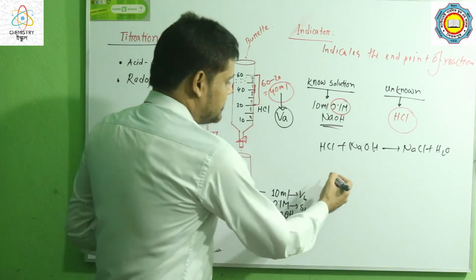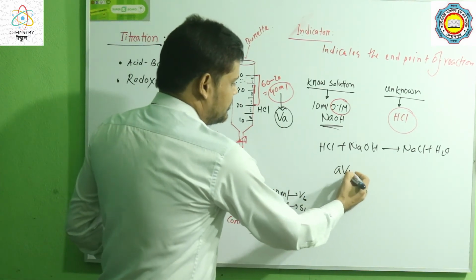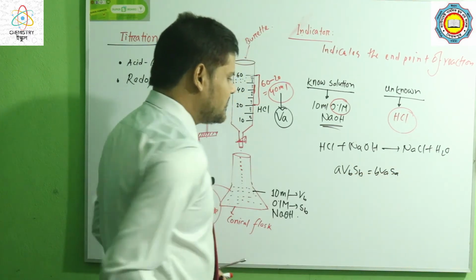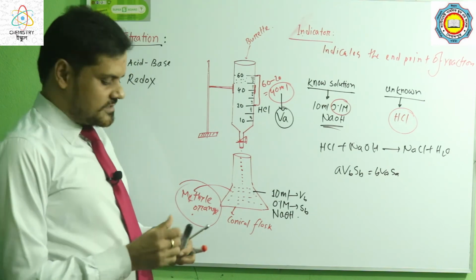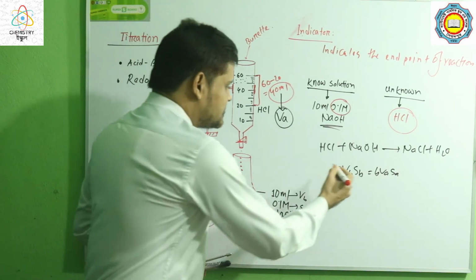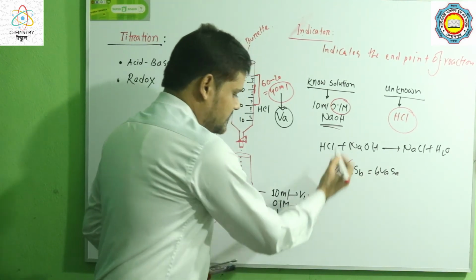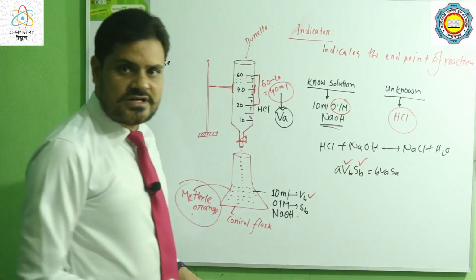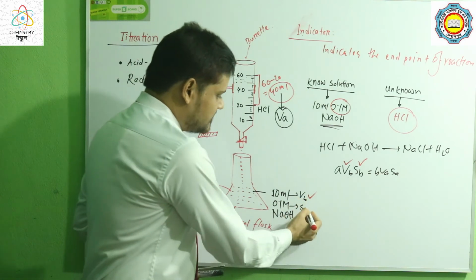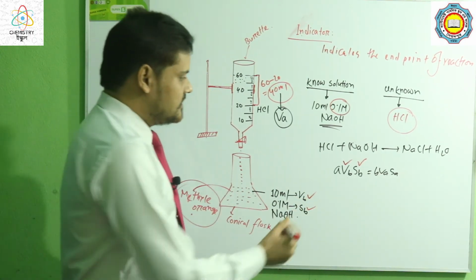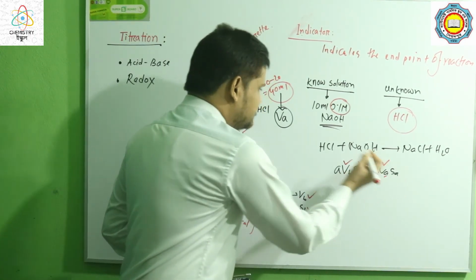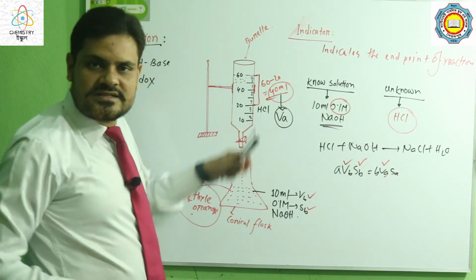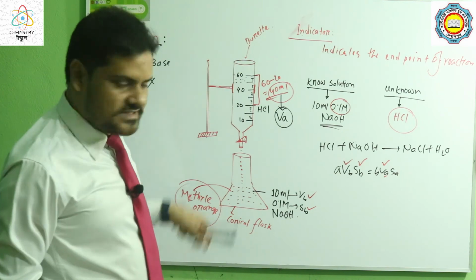We can use the equation A into Vb Sb equals B into Va Sa. Here, look at this, dear learners. Vb means the volume of base given there. Sb means the molarity, the concentration of base, given there. And the volume of acid we can also get from the burette by the volumetric process.